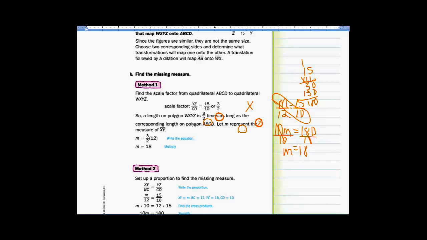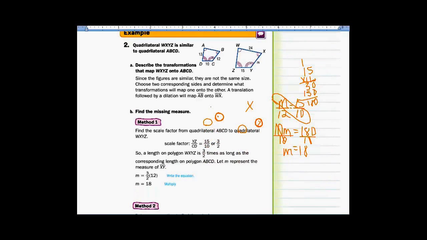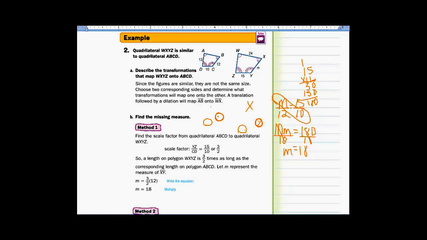So if you look back up here, you've got a scale factor of like 15 over 10. That would reduce to 3 over 2. And then you know that since these are similar, they're going to have the same proportional relationship. So I could do 15 over 10, which reduces to 3 over 2.